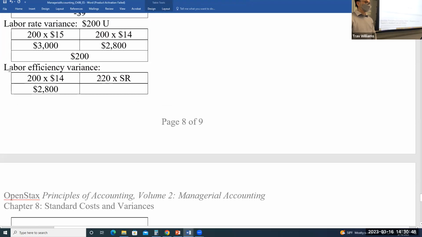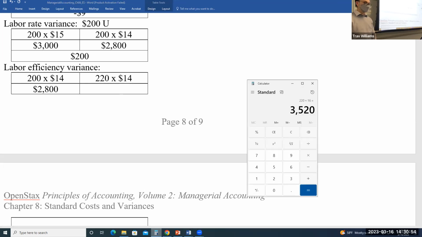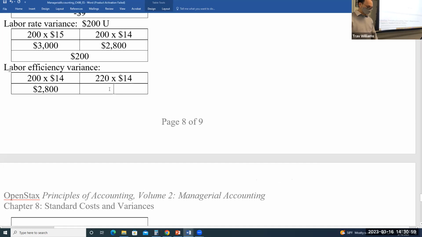Yep. And standard rate. Okay, giving us negative $280. So our efficiency variance for labor is 280 favorable.